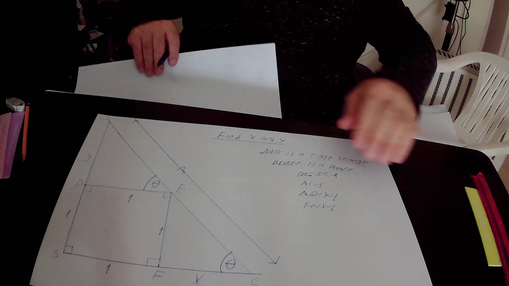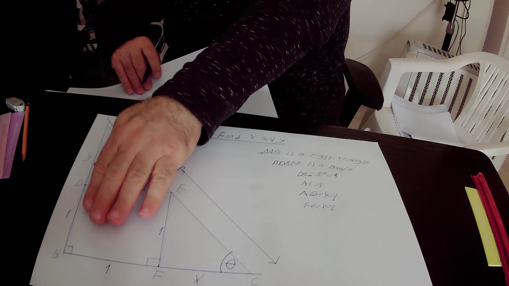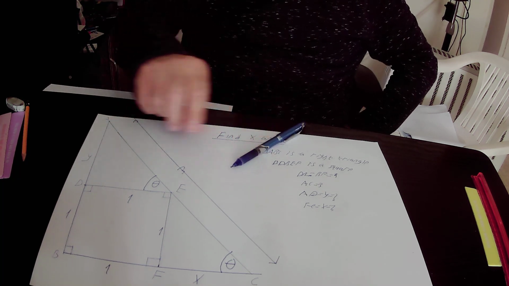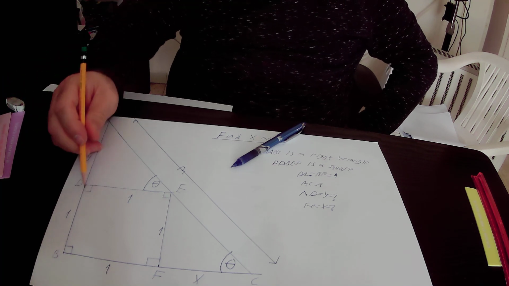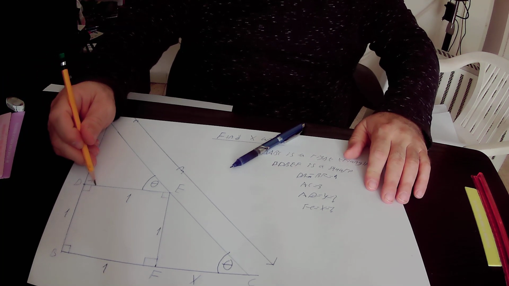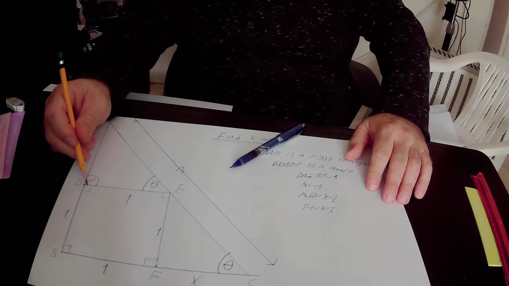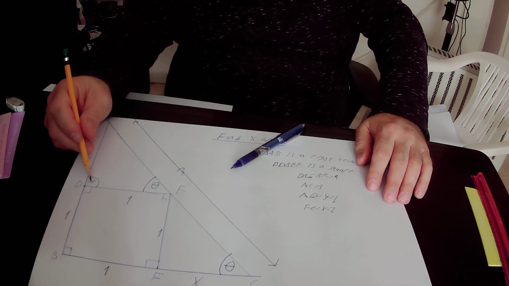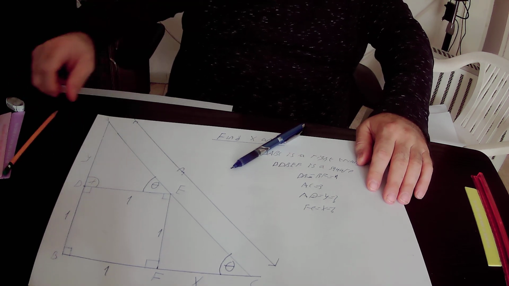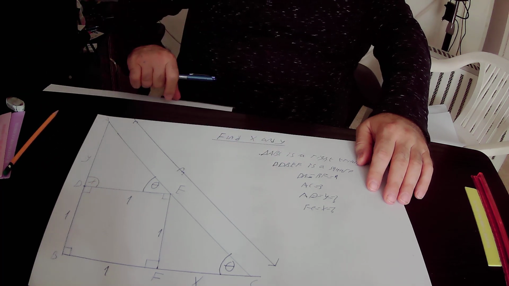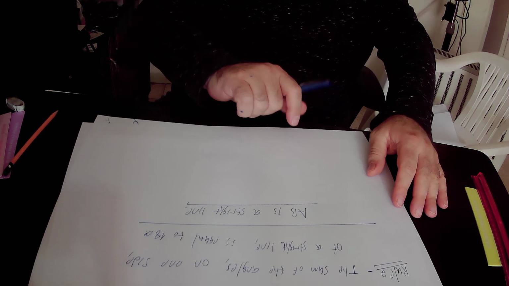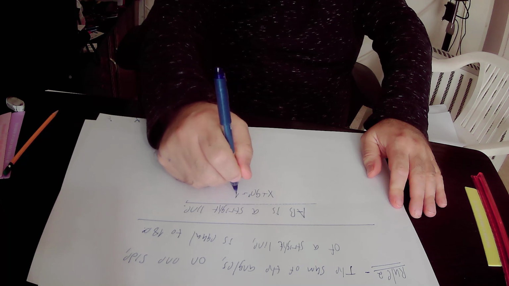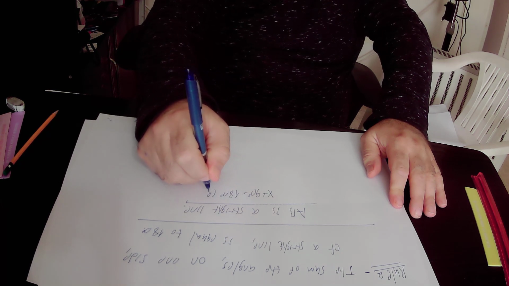So if we focus on this side of the straight line AB at point D, then angle AED that we will define as angle X plus this angle that equals 90 degrees. In total, the sum of those two angles must be equal to 180 degrees according to rule number 2. So I'll write it down: angle X plus 90 degrees must be equal to 180 degrees according to rule number 2.